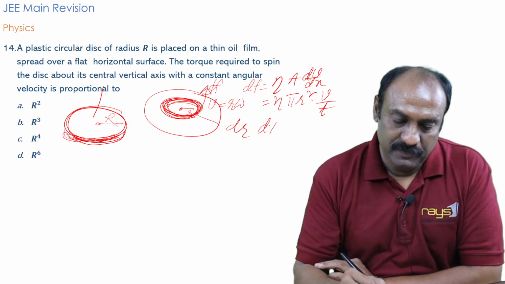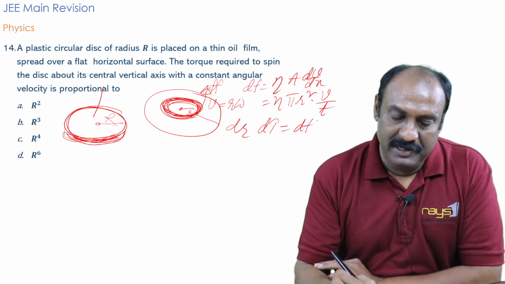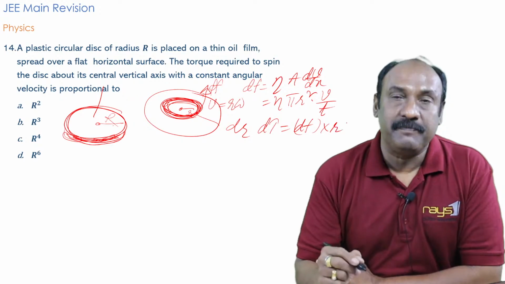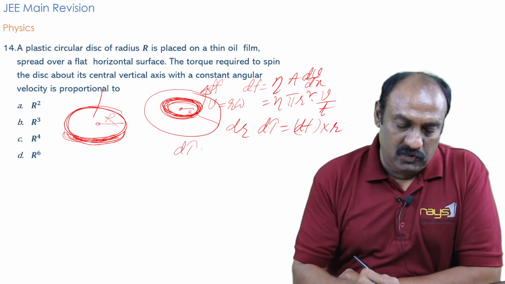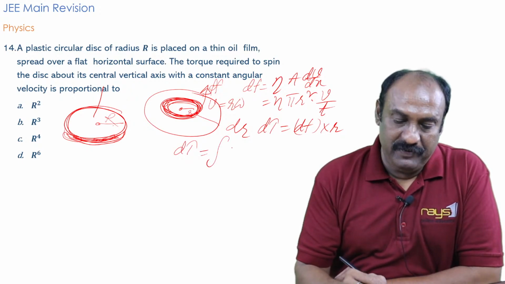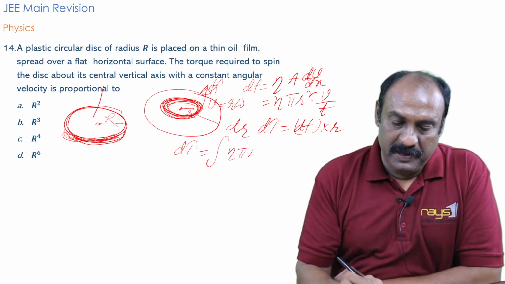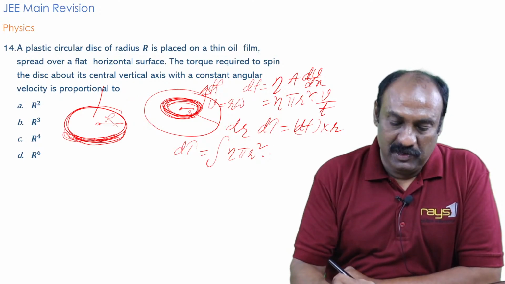dTorque is equal to dF multiplied by the perpendicular distance r. So, d tau is the integral of dF, which is eta into pi r squared into V, where V equals r omega by t, into r.